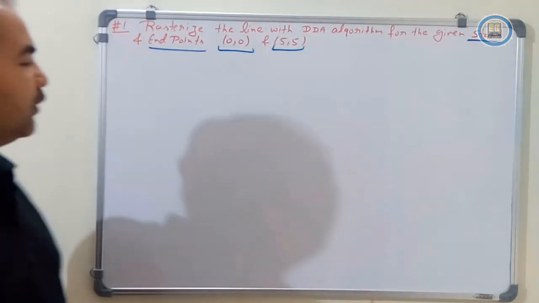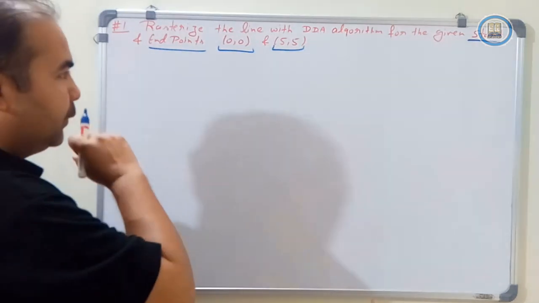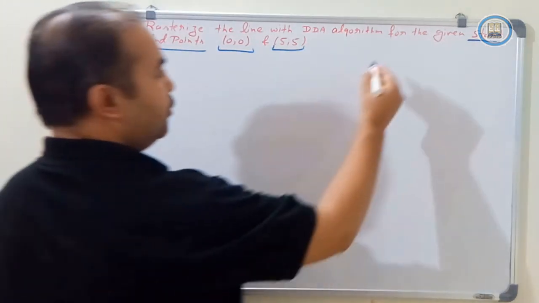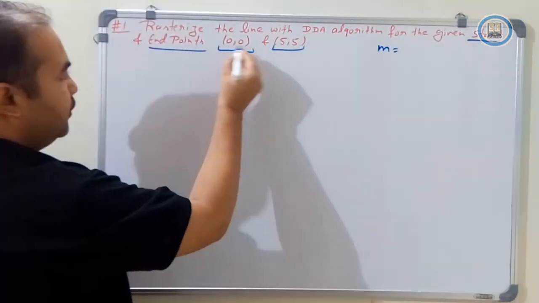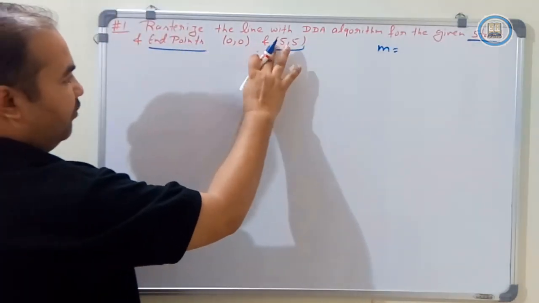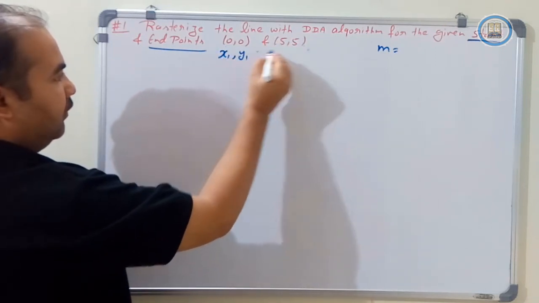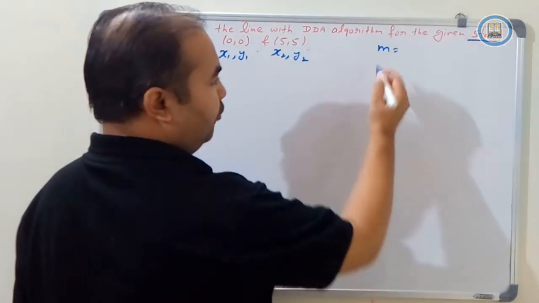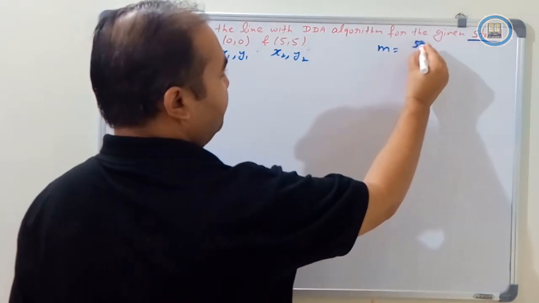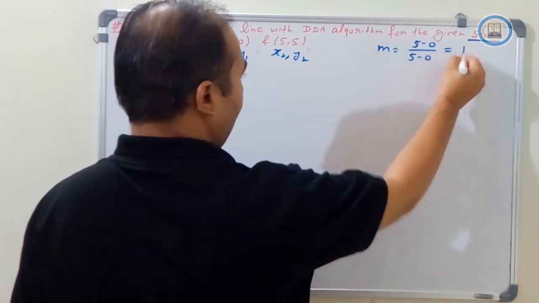When you start a problem for the DDA algorithm, you first need to check the value of the slope. M equals, this is 0, 0 and 5, 5. So this is x1, this is y1, this is x2, this is y2. The value of the slope m will be 5 minus 0 divided by 5 minus 0, that is 1.